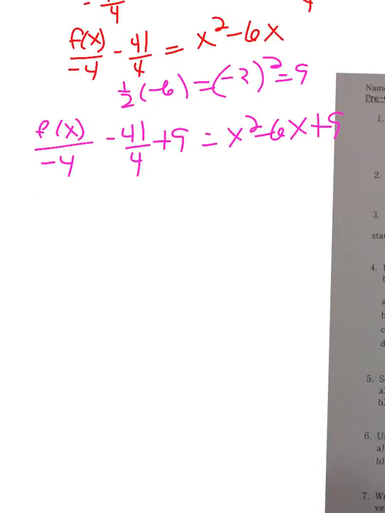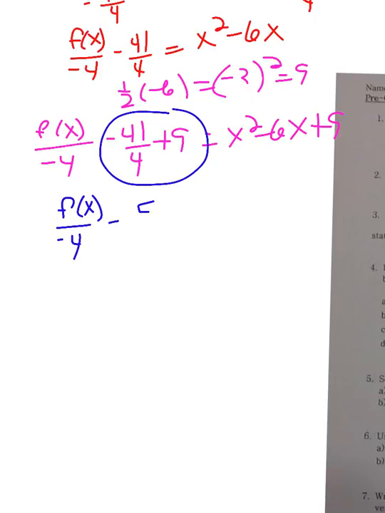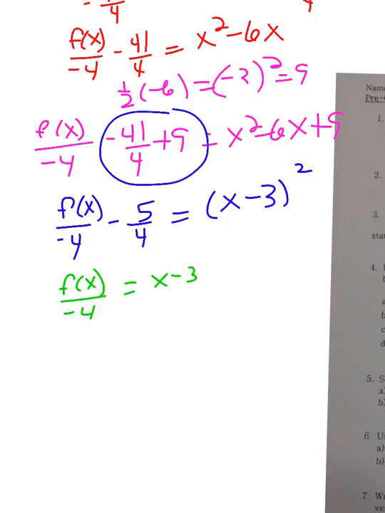Okay, so now let's add this here. So I have f of x over negative 4, and negative 41 plus 9 is negative 5/4, equals, factor the right side, x minus 3 squared. Add the 5/4 back over. So we have f of x over negative 4 equals x minus 3 squared, plus 5/4.